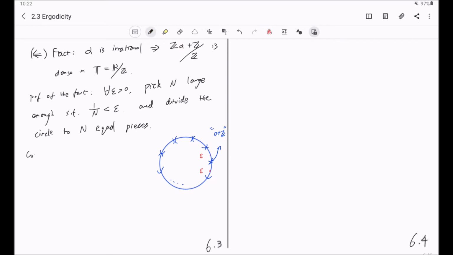Now you consider the sequence alpha, 2 alpha, 3 alpha, all the way through n plus 1 alpha.